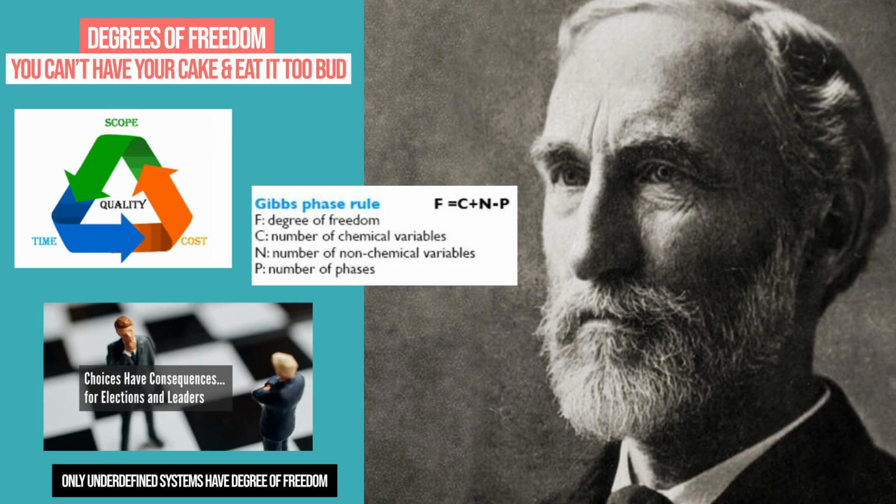If I have two phases, I will only need to make one choice to fix the system. Okay, so what happens when I have three phases coexisting? How many choices are left for me? Well, you can't make a choice, because we all know a triple point is fixed for a given single component. The more specifications the system has, the fewer choices are left for us to make.